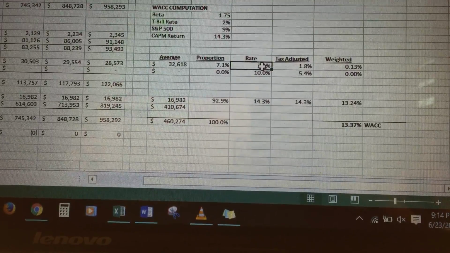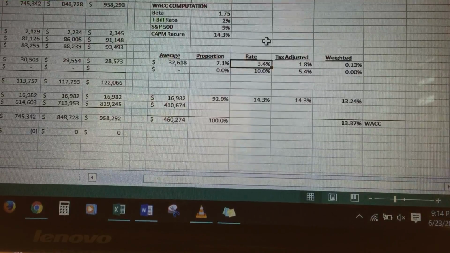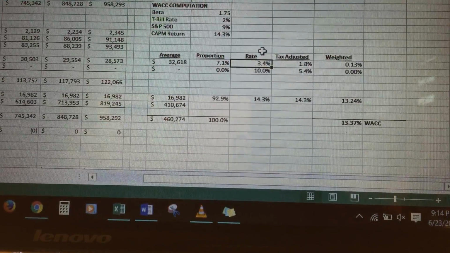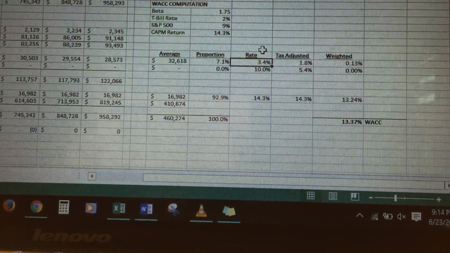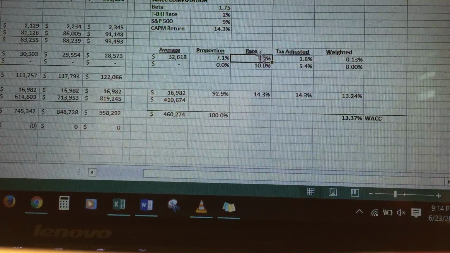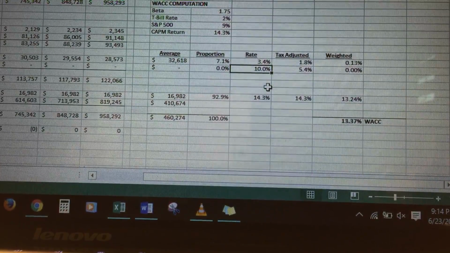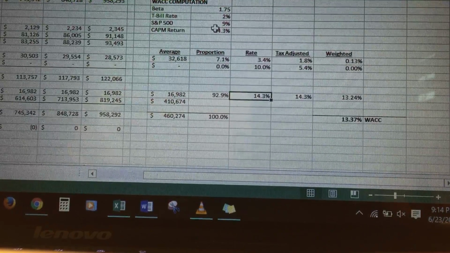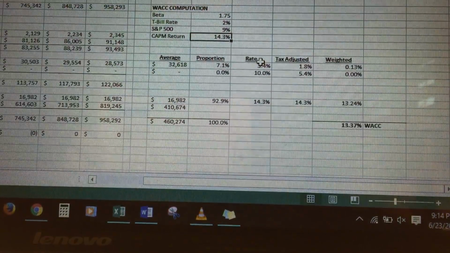Then for the rate, we researched these percentages, so we determined that 3.4% was about the rate for this mortgage loan for the building, and the 10% was the interest rate for the extra bank loan, which we don't have any, and the 14.3 is just the CAPM return amount up there.